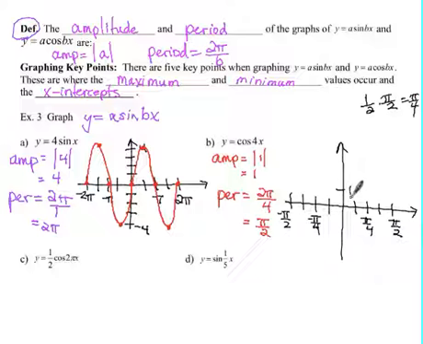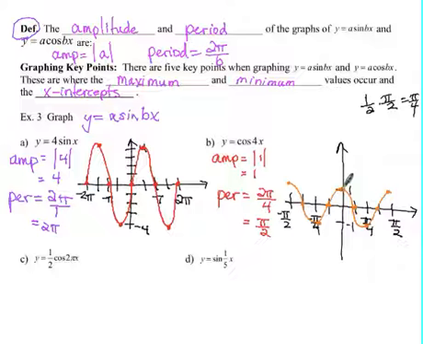My amplitude is 1, then cosine will start at your amplitude. So this starts at 1 because the amplitude's 1. Then it goes 0, -1, 0. And then continue your pattern going to the left.